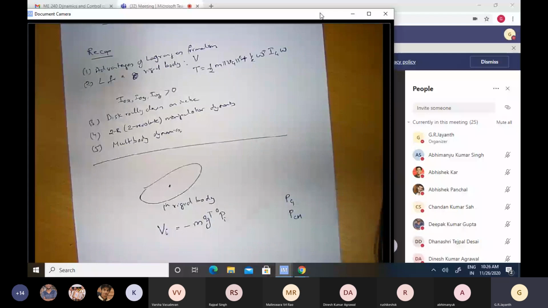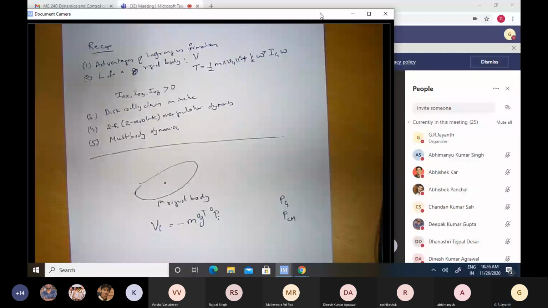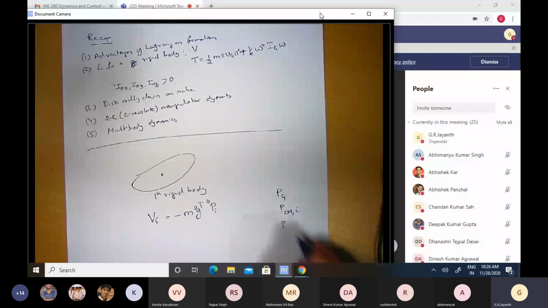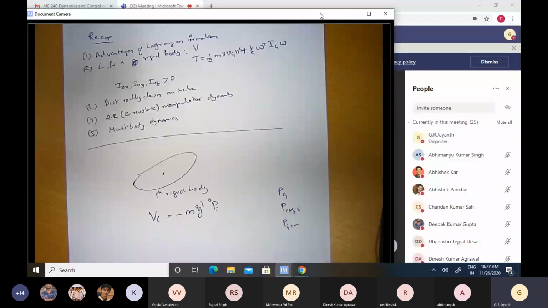And then I have P Cm comma i in some of my previous lectures, and in the last lecture, I put i comma Cm. So I have used three different notations to represent the same single quantity. And for that crime on my part, I want to apologize, because I'm sure it's going to lead to confusion.